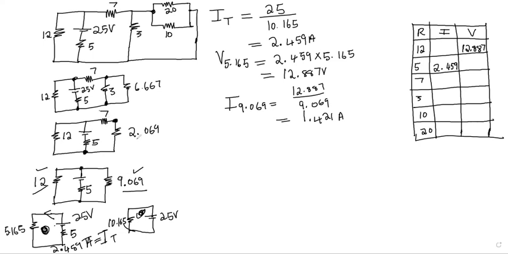Since 7 and 2.069 are connected in series and their total resistance is 9.069, the current that will flow through them is 1.421. Therefore, we have 7 ohm on our table, and the current is 1.421.